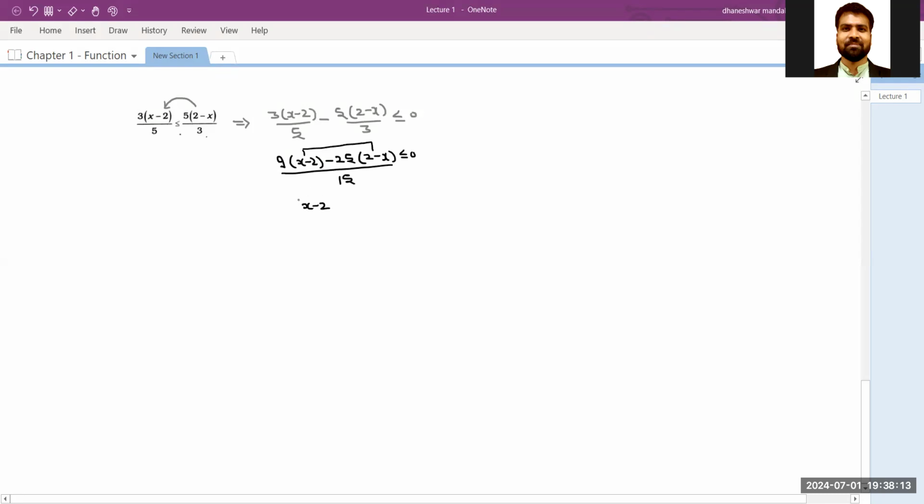Or you can write it this way. See, 9 is there. If I take minus sign common from here, then I get plus sign. It becomes x minus 2, and here we have 50. So if I take x minus 2 common, then from here 25 plus 9 is 34, and again here we have 50. So only one critical point is there, x equal to 2.